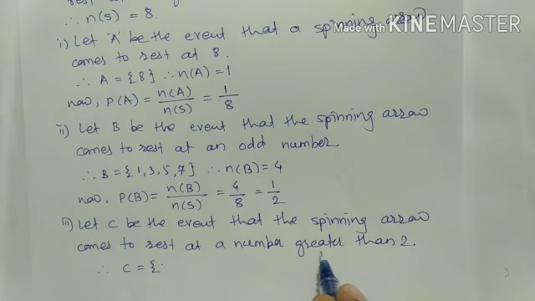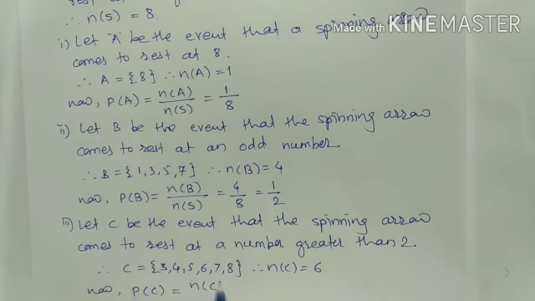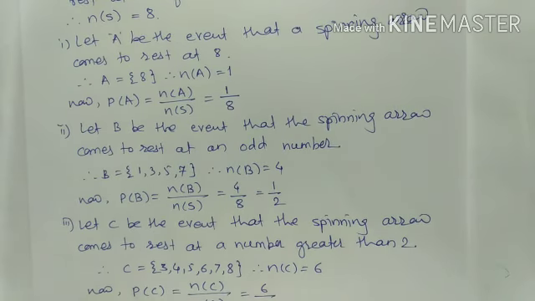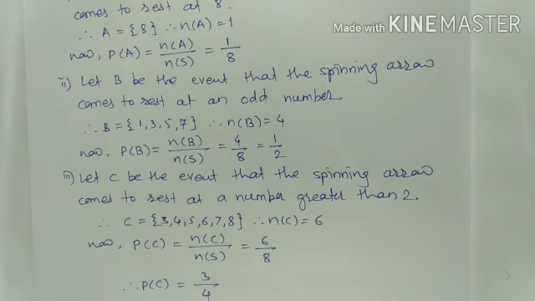The condition is number greater than 2. So this is 3, 4, 5, 6, 7, and 8. Therefore, number of C equals 6. Now, probability of this event C equals number of C upon number of S, that is 6 upon 8. Two threes are 6, two fours are 8. That is, the probability of the event that the spinning arrow comes to rest at a number greater than 2 is 3 by 4.